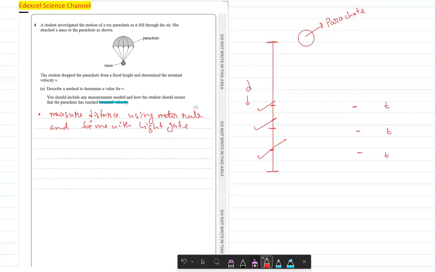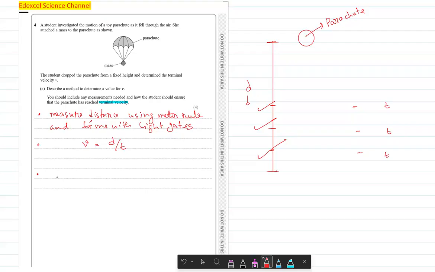You can also use a stopwatch to measure time, but light gates are way better because they don't have human reaction time and they don't have random errors, so they're much better. To find out the velocity, I'm going to use distance over time.